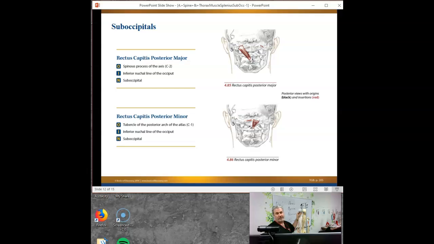Just remember there's a little bump back here because there isn't a spinous process. My point is these two muscles come down here and one hooks on to the bump where the spinous process would be of C1. The other one hooks on the spinous process of C2. So these rectus capitis posterior muscles grab on to the middle of C1 and C2. The spinous process or the bump, right?